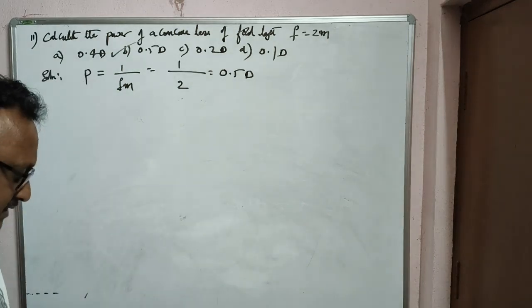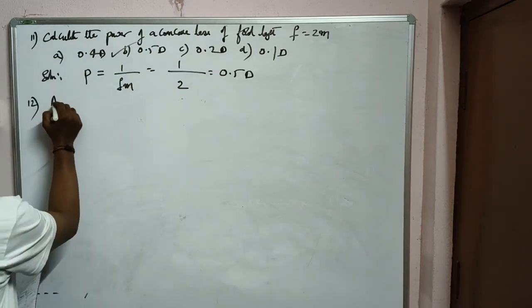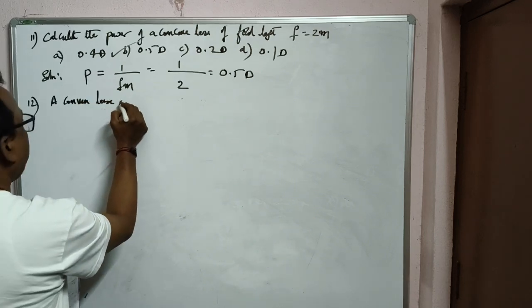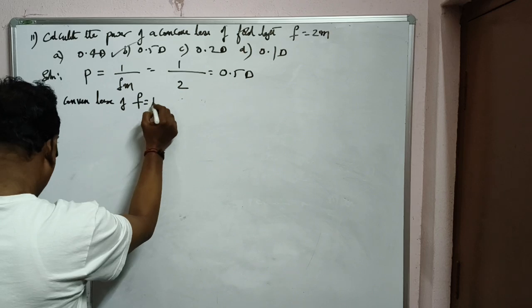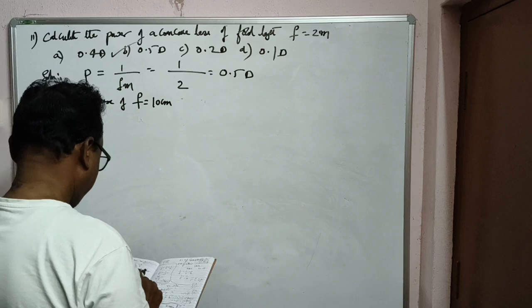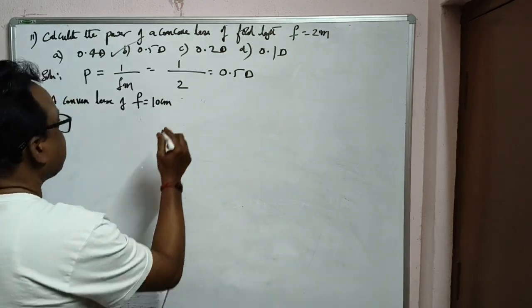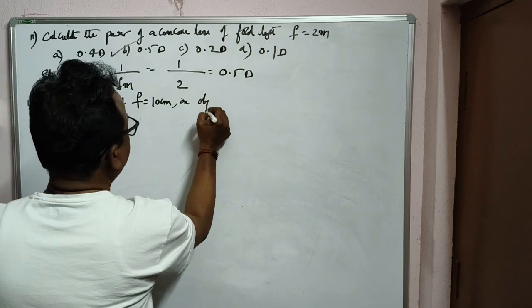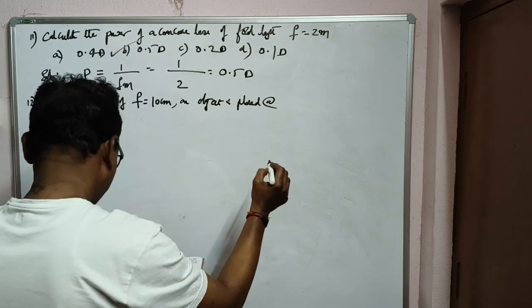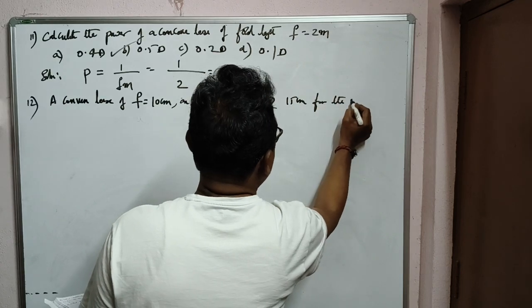A convex lens of focal length 10 centimeters. Now what he is saying is, an object is placed at 15 centimeters from the optic center.